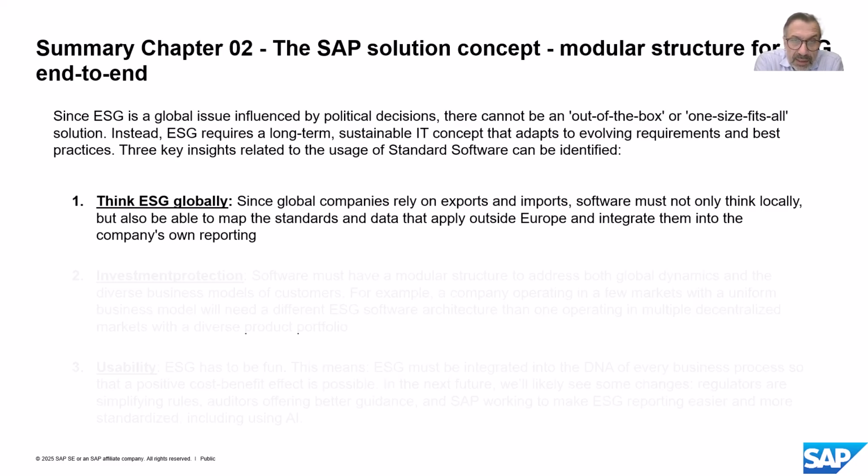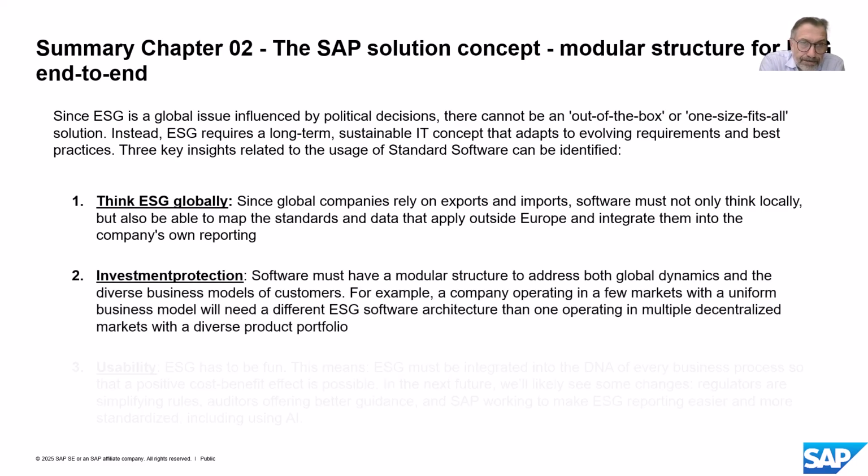Software must not only think locally, but also be able to map the standards and data that apply outside of Europe. And we as SAP have to integrate all the data, the source data, the derived data, as you name it, into your own company's reporting. We have to consider that, so we have to think ESG globally.